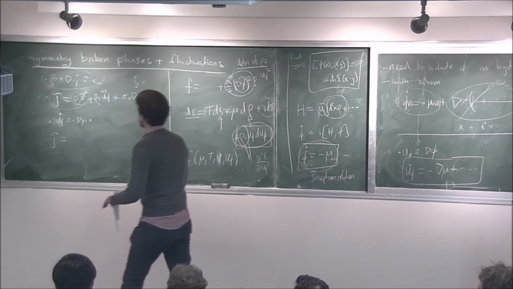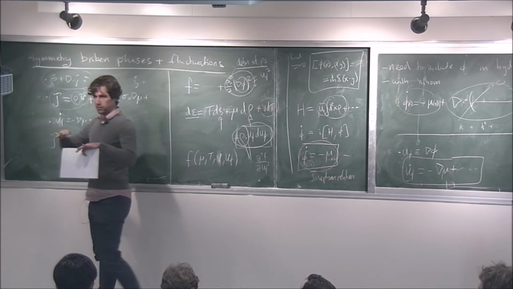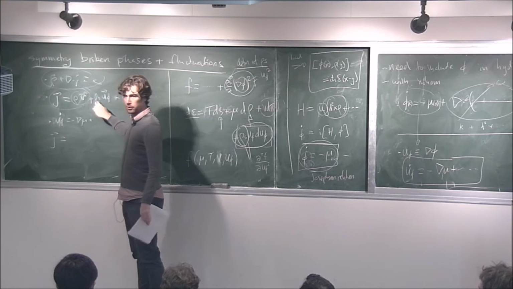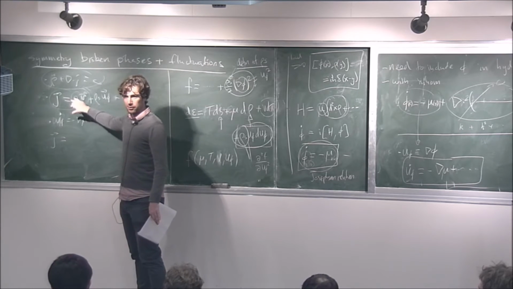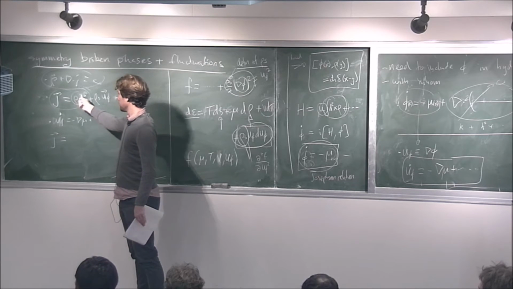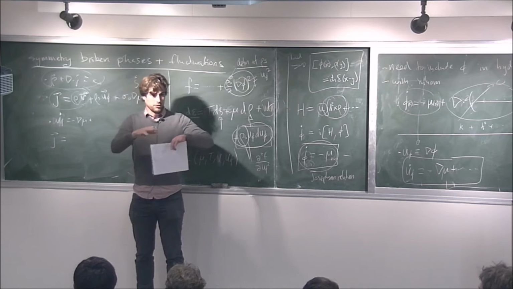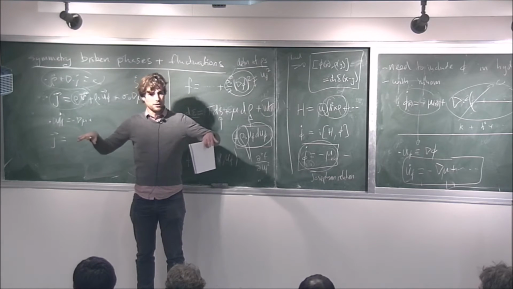There are various conserved quantities, and I just want to focus on the effect of this one, so I'm just not going to write down this one. It's not a rest frame. Let's just break translation. So just consider an inhomogeneous system.